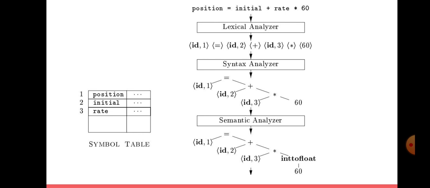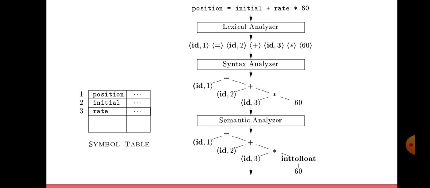Next, this output is taken as an input to the syntax analyzer, and it produces a tree format as an output. In this tree there is an interior node labeled with id 3 as its left child and the integer 60 as its right child.